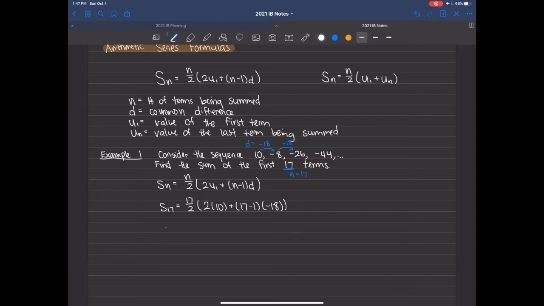And what I got was that S sub 17 is equal to negative 2,278. So 10 plus a negative 8 plus a negative 26 plus a negative 44 and so on up to 17 terms gives us negative 2,278.